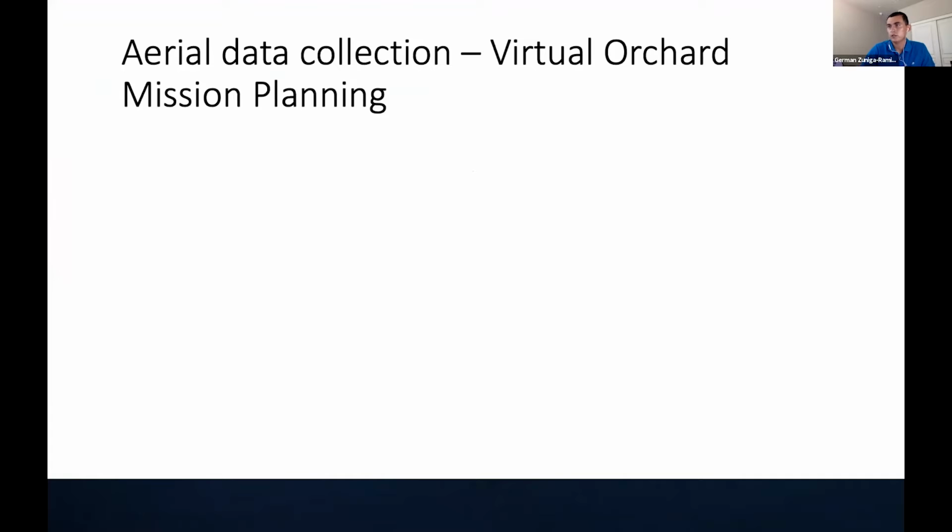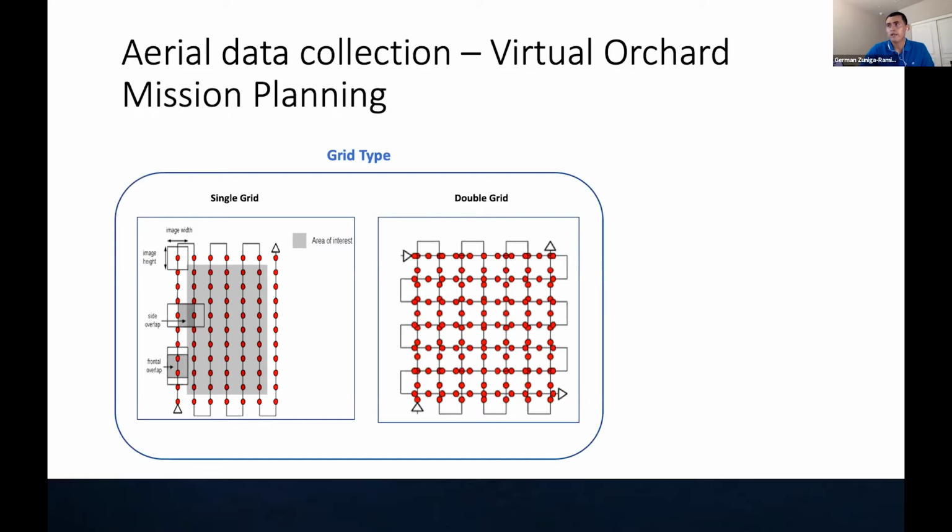Here I'll talk about mission planning for virtual orchard generation and processing. For mission planning, one of the steps is selecting the grid type. For virtual orchard generation, we collect images in a single grid pattern. The other option would be double grid, which is more suitable for building reconstructions.